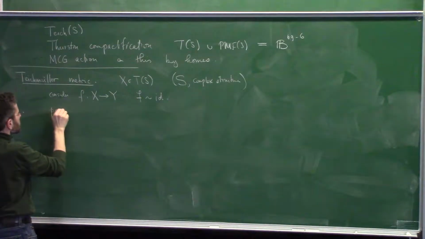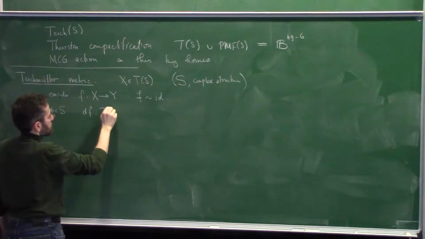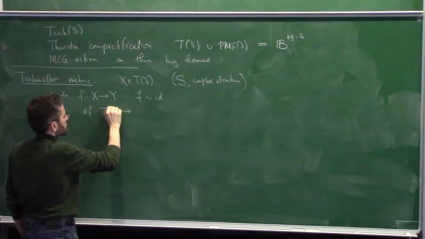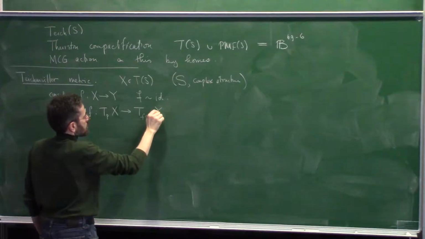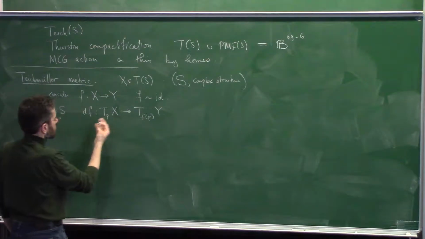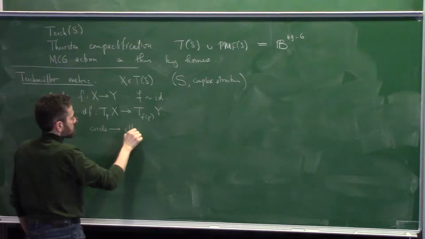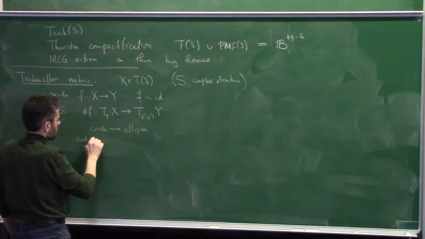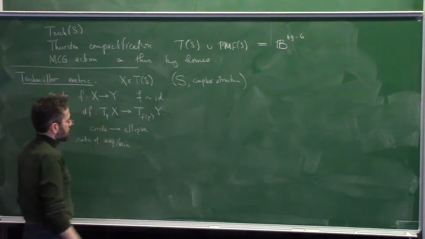So if P is in S, we look at dF from the tangent space of X to the tangent space of the image. It takes a circle to an ellipse, and the ratio of major to minor axes of the ellipse.